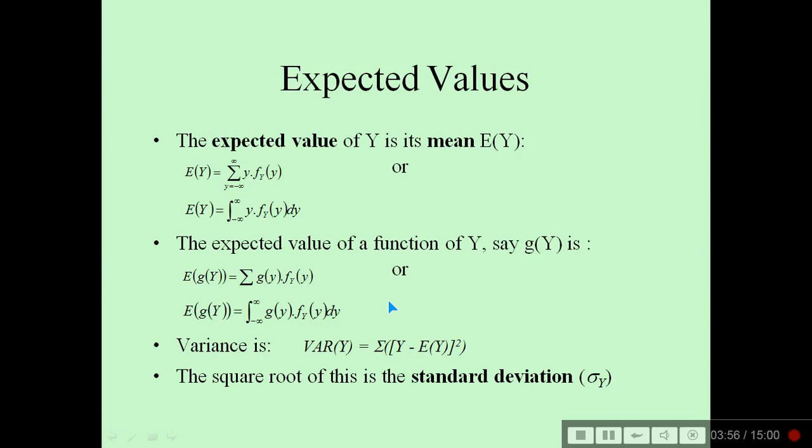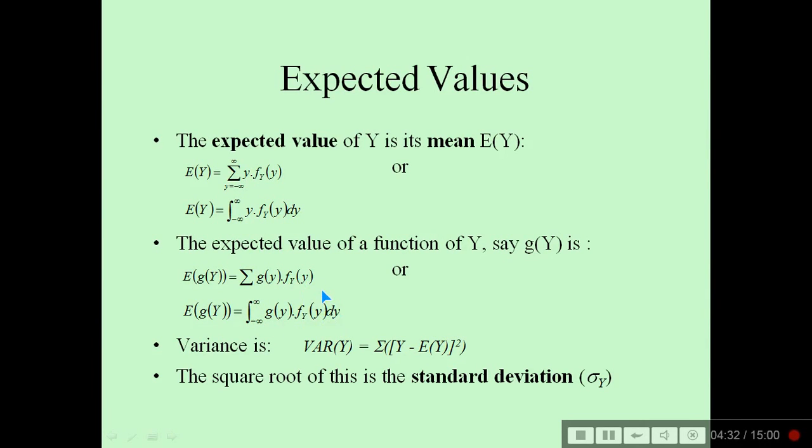So expected values: the expected value of y is its mean, E(y), because we are summing it, and this will be sigma from minus infinity to infinity, or integration from minus infinity to infinity. This is sigma, this is integration. And the expected value of a function of y, say g(y), that is E[g(y)], will be g(y) times f(y).